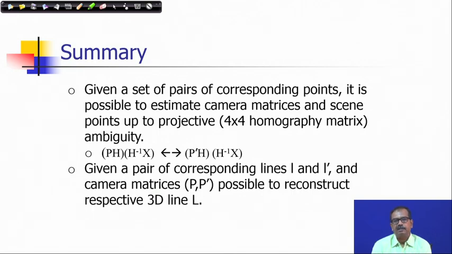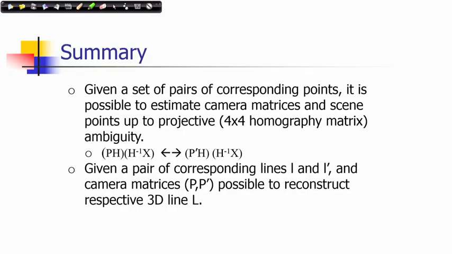We know that is P transpose L, and also the plane formed by L prime and the camera center of P prime, which is P prime transpose L prime, and then the two planes intersect at a line which is that corresponding 3-dimensional line. So, that also you can reconstruct. This is the intersection of planes P transpose L and P prime transpose L prime.